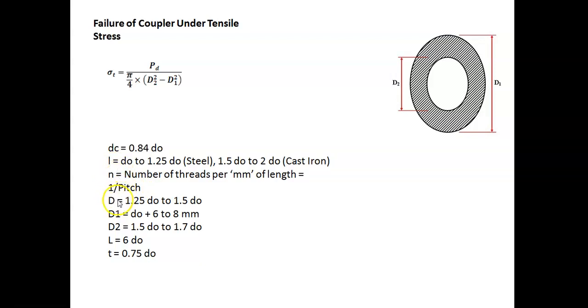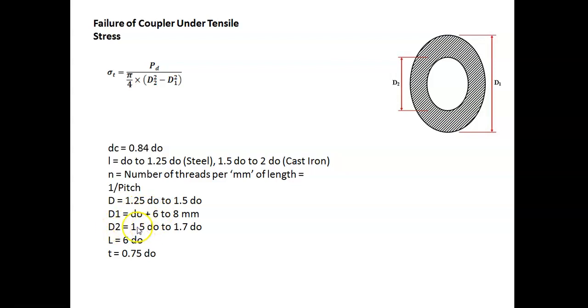Then the next value is capital D. Capital D is 1.25 times the nominal diameter to 1.5 times the nominal diameter. Then capital D1 is equal to the nominal diameter plus 6 to 8 mm. Here 6 to 8 mm means you should take the mean value, that is 7. So capital D1 will be equal to DO, the nominal diameter, plus 7 mm.